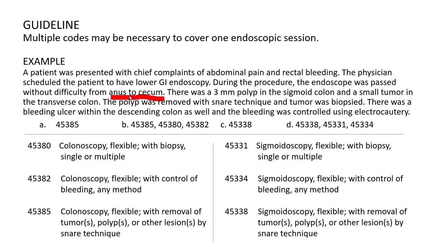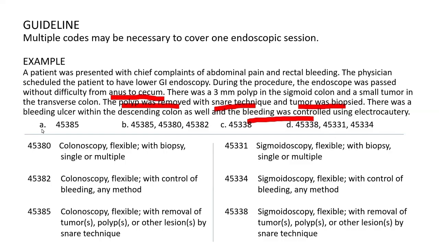And what are the procedures that are performed? One is removal of a polyp using snare technique, the tumor was biopsied, and also bleeding was controlled. All these procedures were performed in a single endoscopic session. First is colonoscopy and 3 procedures are performed.